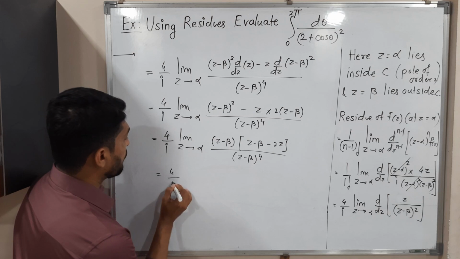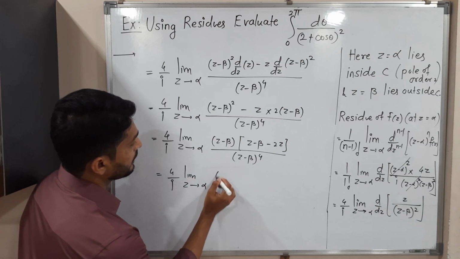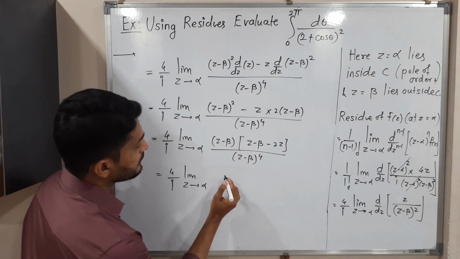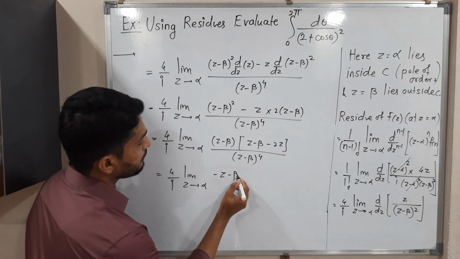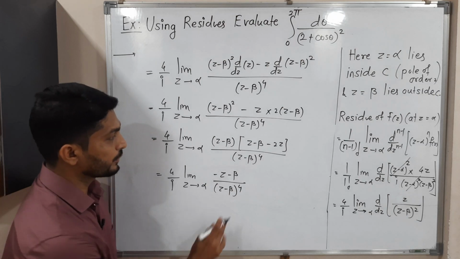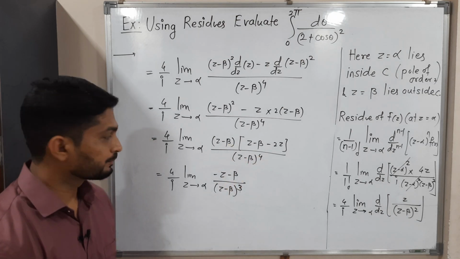So 4 upon i, limit z tends to alpha, (z minus beta), one bracket will get cancelled, right? So we have simply (z minus beta) minus 2z upon (z minus beta) raised to 3, since one bracket we have cancelled out here.